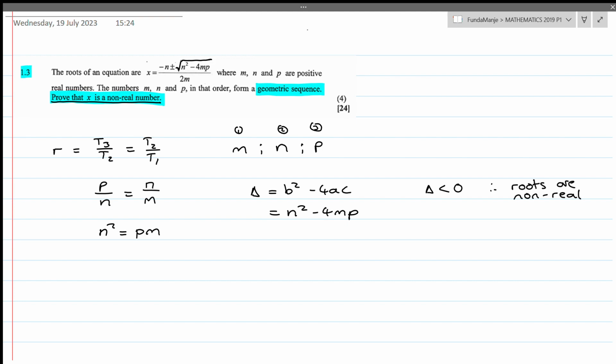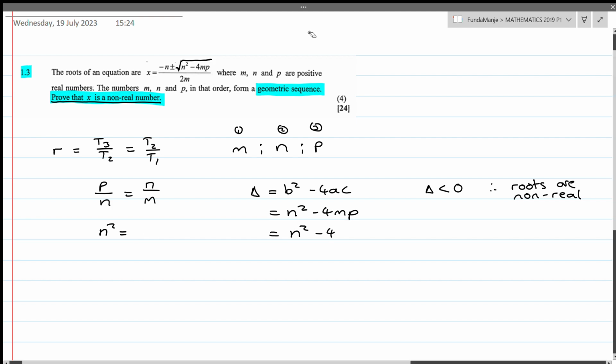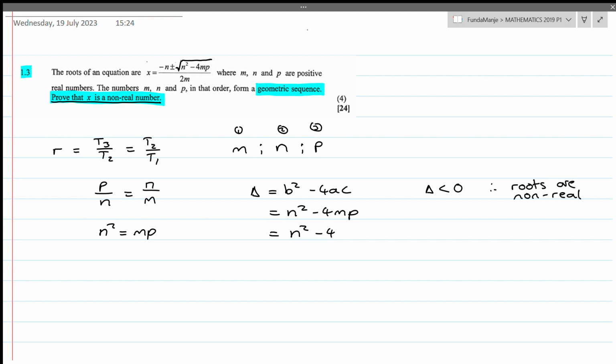We're going to have n squared minus 4. Remember, mp or pm doesn't really matter which order you write it in, it's all the same. So replacing mp with n squared, I have minus 4n squared. This gives me minus 3n squared, like that.